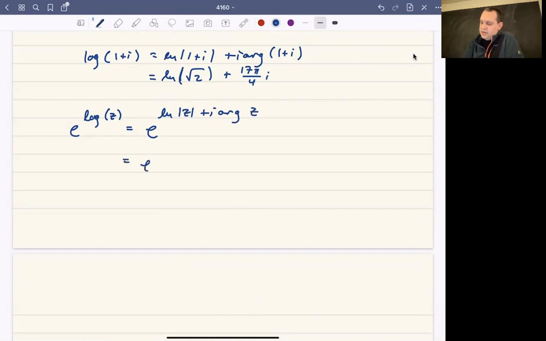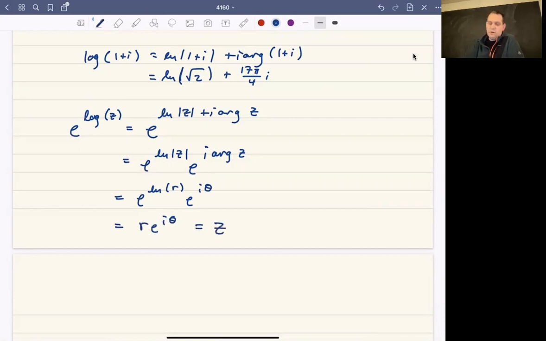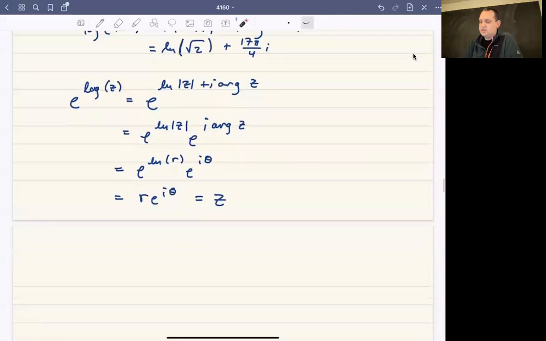And so this will be e to the natural log of the modulus of z, which we'll talk about in a second, times e to the i arg z. And this is e to the natural log of r, if z is r e to the i theta, and e to the i theta. So this is r e to the i theta, or just z, if we're calling z r e to the i theta. Okay, and so this is how the two terms undo each other in that sense. So e to the log of z is just going to be z.